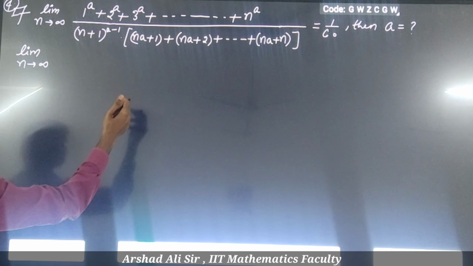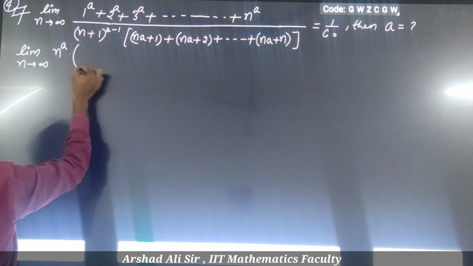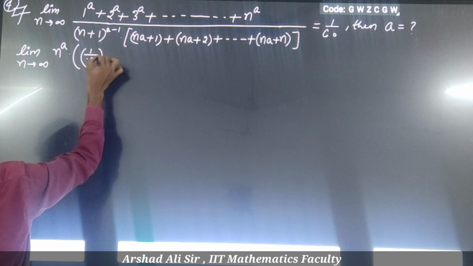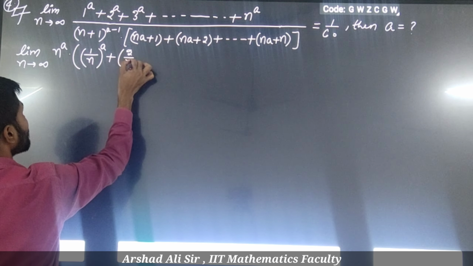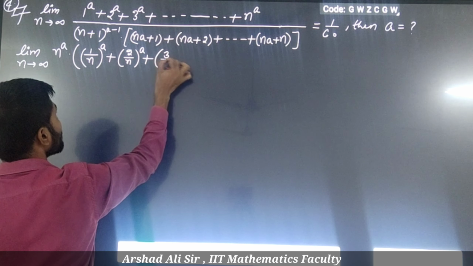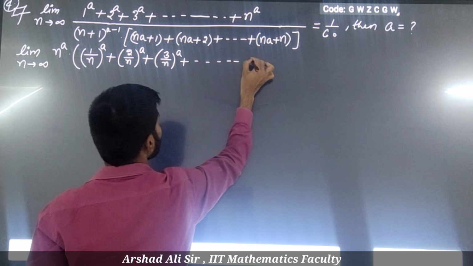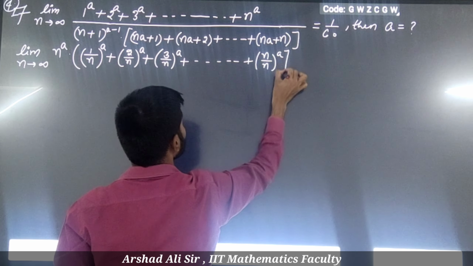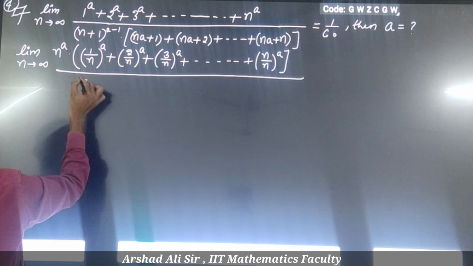If we are taking n to the power a as common, so in bracket we can write (1 by n) whole power a plus (2 by n) whole power a plus (3 by n) whole power a plus up to (n by n) whole power a. Okay, and in the division what we can write?